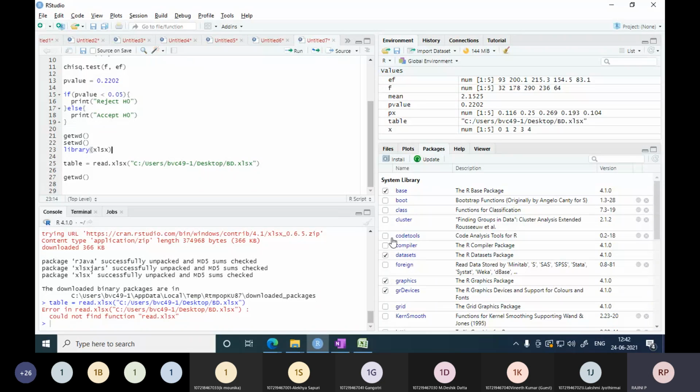But suppose you want to use Excel, you need to take this xlsx package. And in Python also, for CSV we need not install any library. Did you remember, in Python I told you to go for Excel and read the Excel file? Yes, ma'am. Same as in this one also.